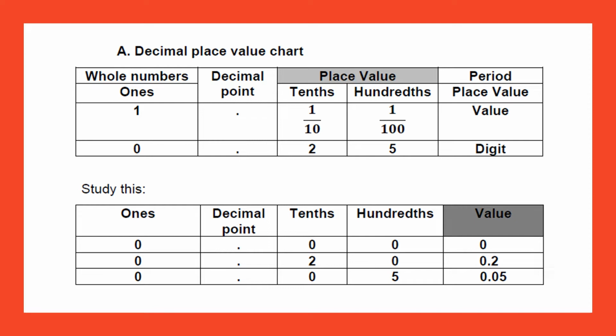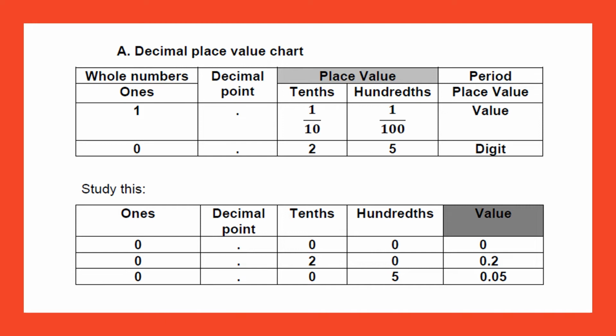Now, let us have an activity. To be clear and to understand decimals more, we have the decimal place value chart. We have the whole numbers, which is 1, and after the decimal point, we have the place value tenths, which can be represented in fraction, meaning 1 over 10.